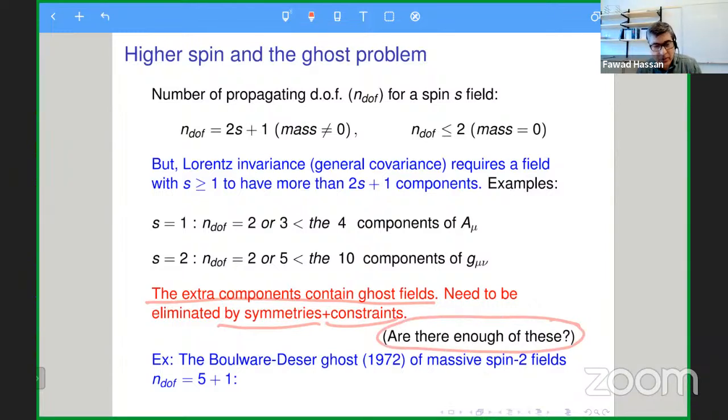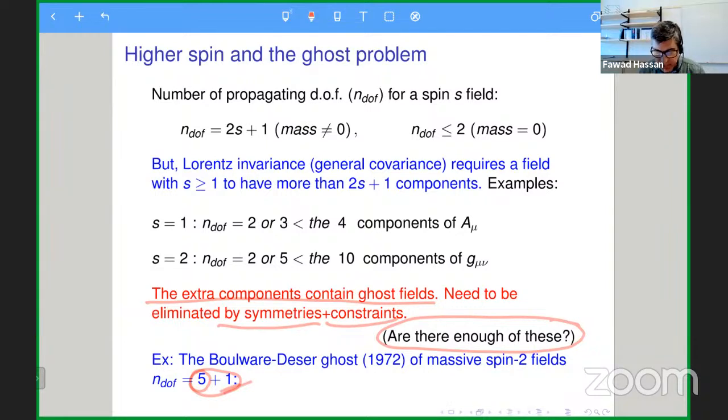And the answer is no. If you just write a theory for a higher spin field, you do not have enough constraints and symmetries to eliminate these ghosts. An important example of this is a theory for a massive spin 2 field where you want 5 degrees of freedom. However, a generic theory will contain 6 degrees of freedom, so you do not have enough constraints to remove this extra degree of freedom, and this is a ghost.